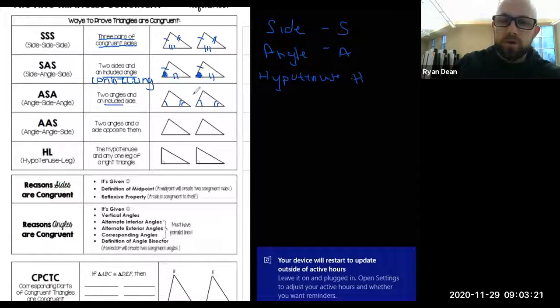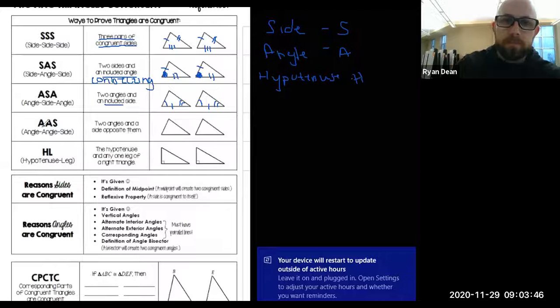We could have chosen to do these 2 up here, but I'm just going to do these 2 down here. Okay, so these are my 2 pairs of congruent angles, and then the congruent side connects these 2 angles together. So we have 2 angles that are connected by a side, two pairs of congruent angles right here and here that are connected by these sides that are also congruent.